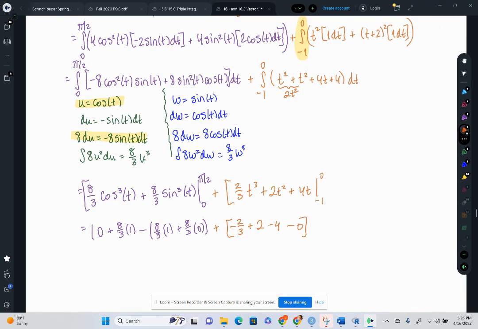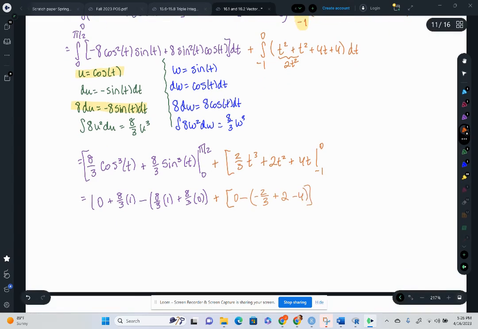Okay, so the contribution that we get, maybe I should rewrite this too. Hold on, sorry. Evaluating this at 0, so now I'm back to the -1 to 0 thing. Evaluating at 0, I get no contribution. Minus the evaluation at -1 gives me -1 cubed is negative, so I get a -2/3. -1 squared is positive, so I have +2. 4 times -1 is -4.